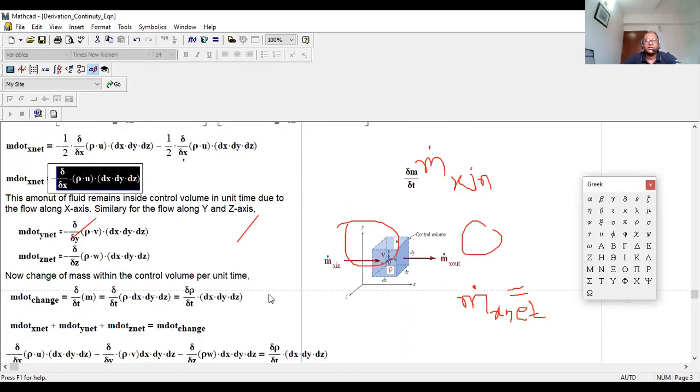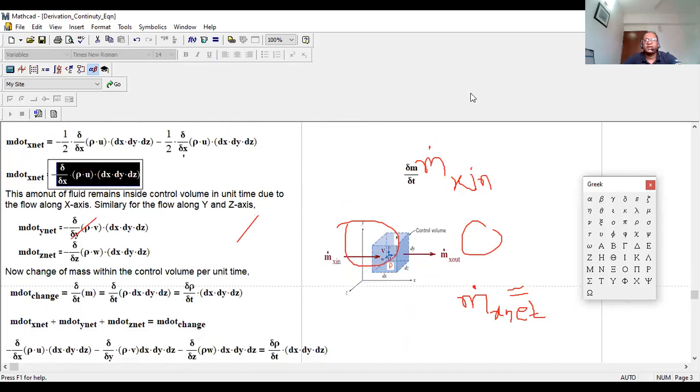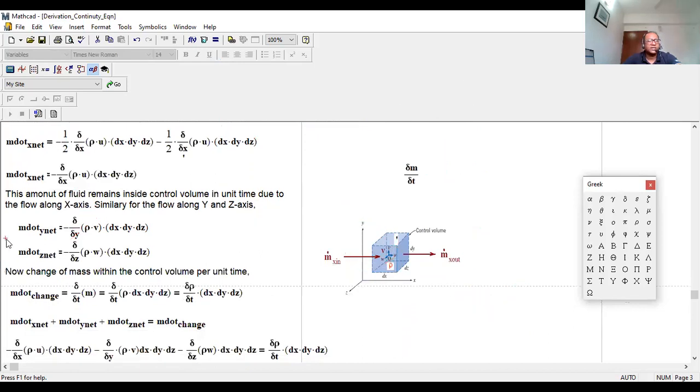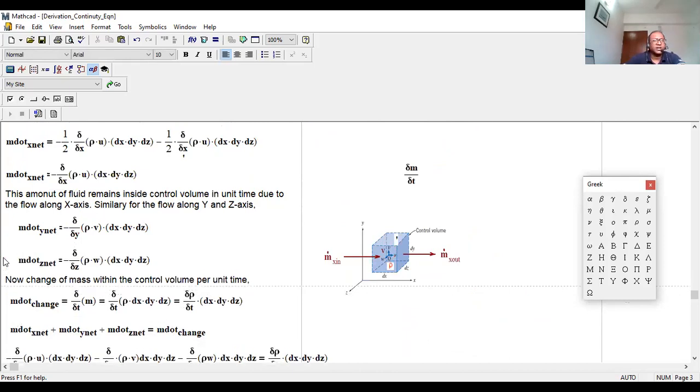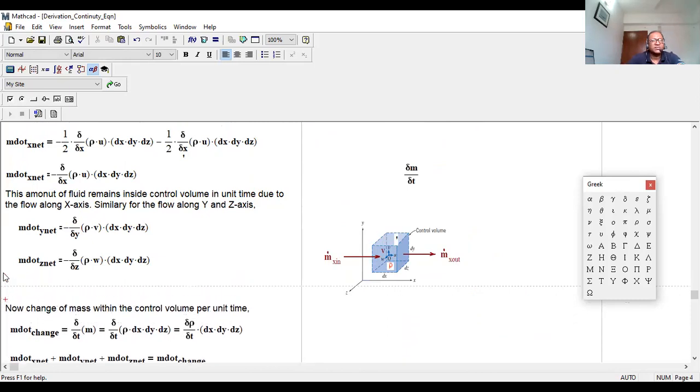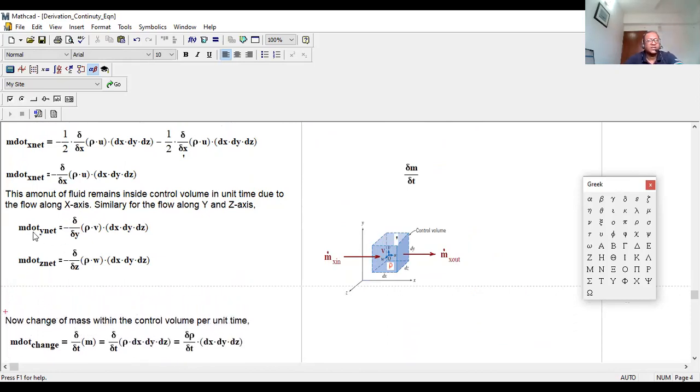Similarly, along the y-axis, you are getting this one. Similarly, for m dot y net, we need to figure out.